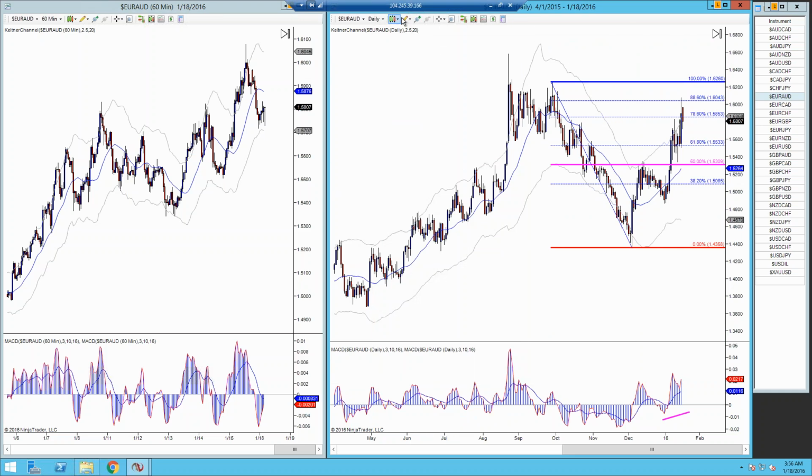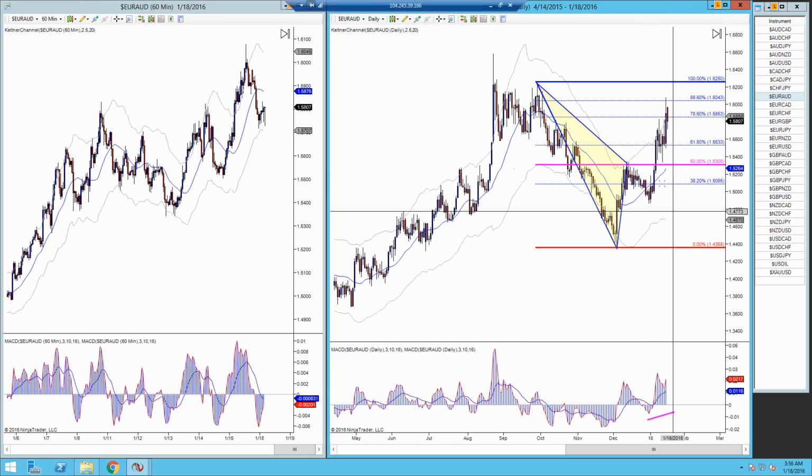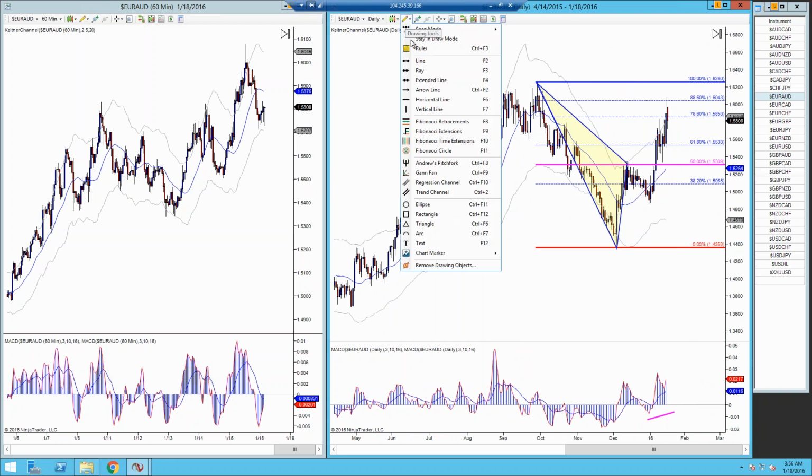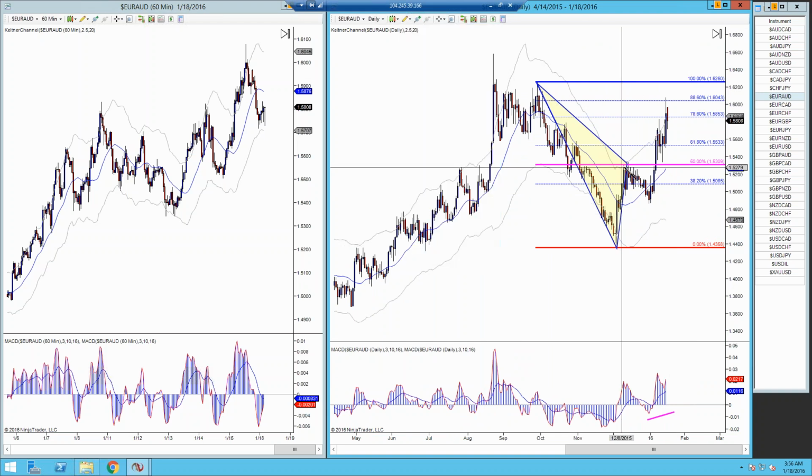So if we look at this first piece right here, 100, 0, 50. Now, that becomes the basis for a future bat pattern. And as you can see here, that's where it's come into play right there.